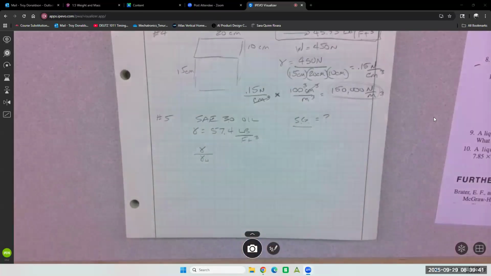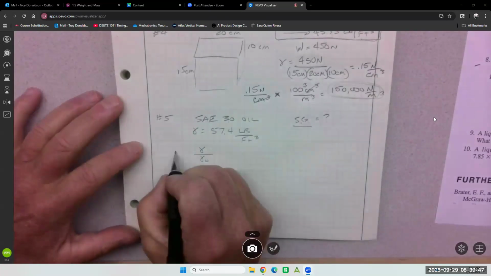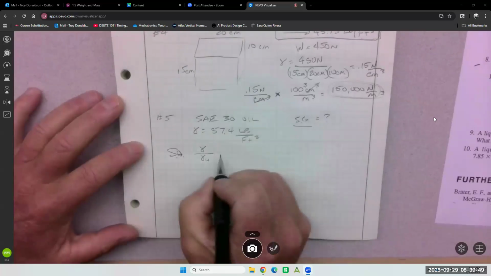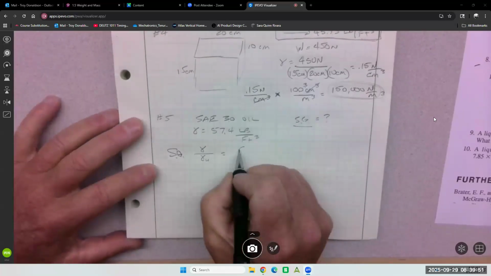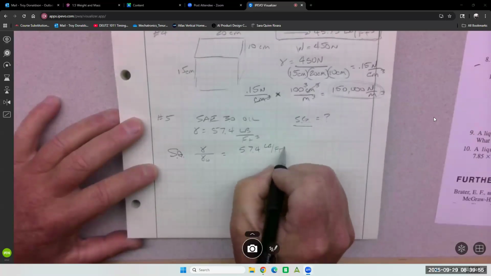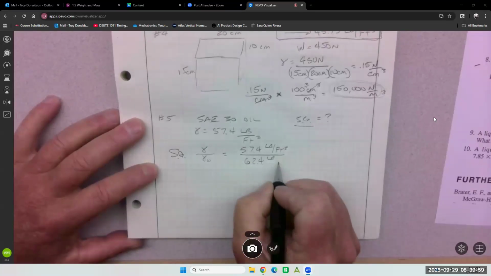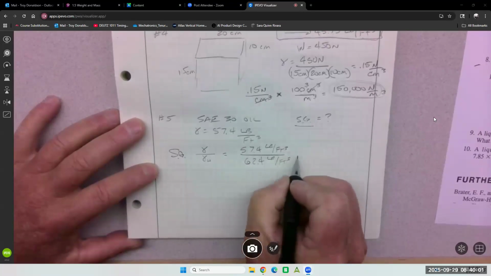So you take the specific weight of your substance, divide it by the specific weight of water, and it gives you your specific gravity. So it's going to be 57.4 pounds per foot cubed over 62.4 pounds per foot cubed.